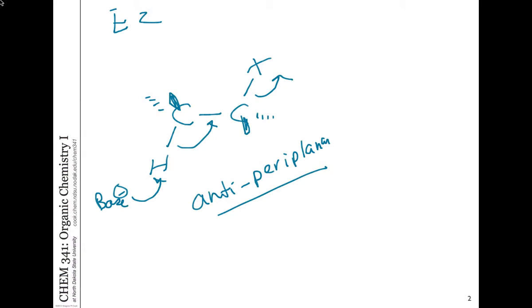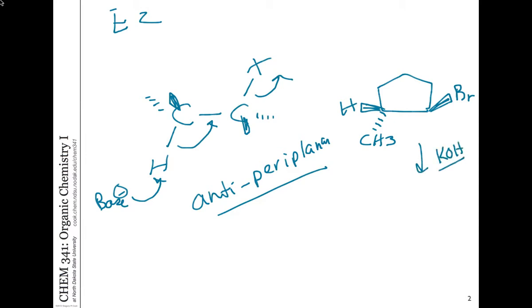As a matter of fact, in any ring compound, the only way you can do E2 elimination is if there's a hydrogen on the opposite side. So remember elimination. Let's say we react this with KOH or potassium t-butoxide, something like that. What's the product? Huh? Double bond where?